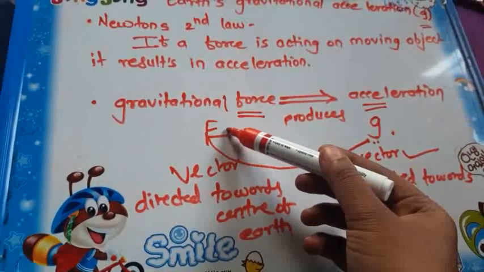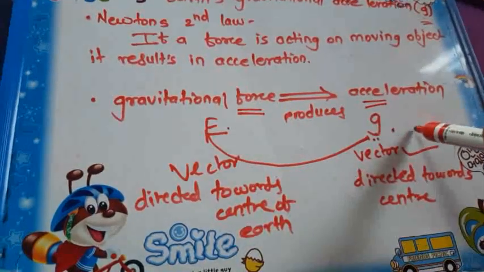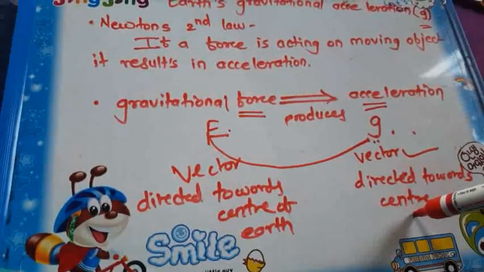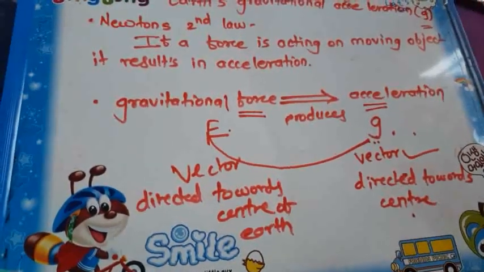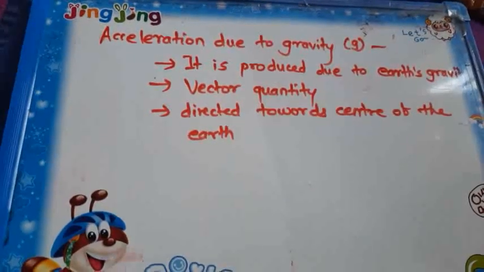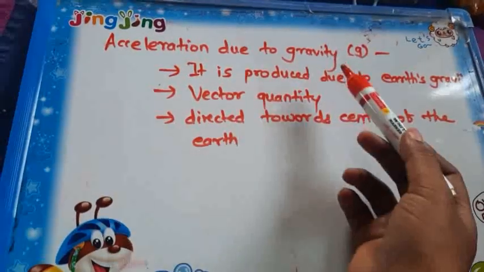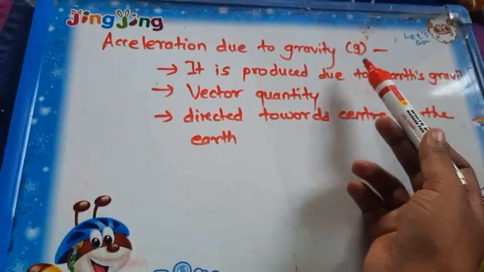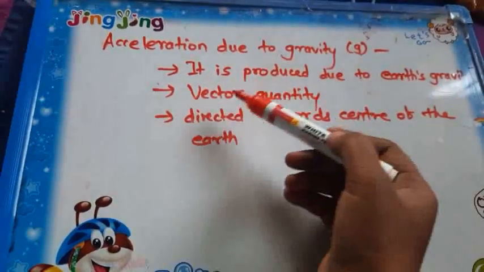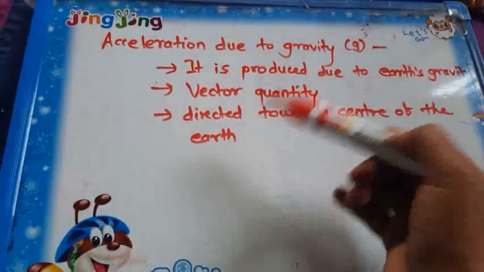As the gravitational force of earth is directed towards the center of earth, acceleration due to gravity is also directed towards the center of earth, that is vertically downwards. So we will summarize what we have learnt: acceleration due to gravity, indicated by small g, is produced due to Earth's gravitational force. It is a vector quantity and it is directed towards the center of the earth.